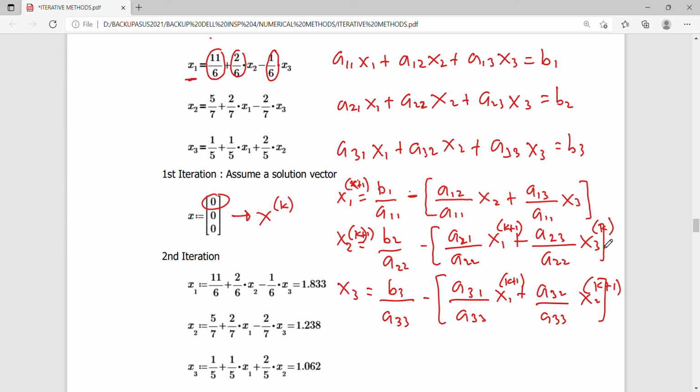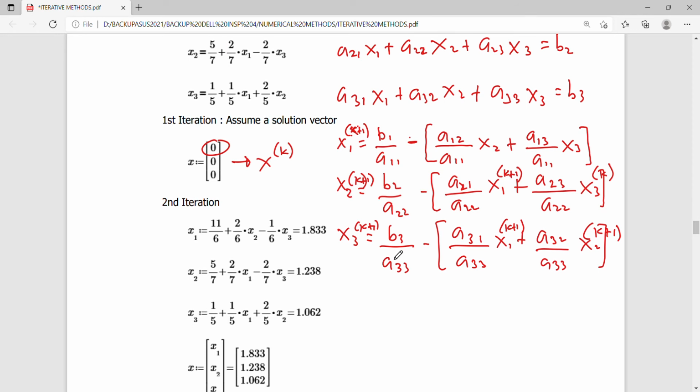Unlike x3, which is not yet computed here, we don't have a choice of getting the updated x3 iterate, because there is not yet any value of x3 except for the old iterate, which is at x k. So that is the main difference between the Gauss-Seidel approach and the Jacobi approach.